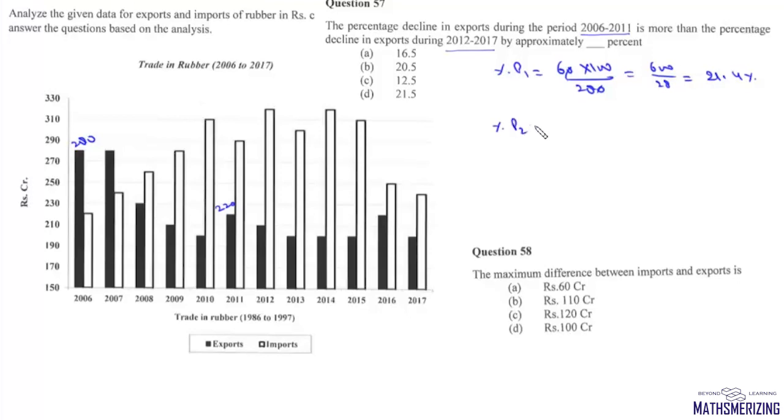Now during the second interval, from 2012 to 2017, in 2012 the value of export is 210, and in 2017 this value is simply 200.